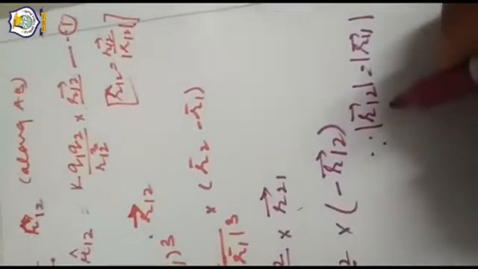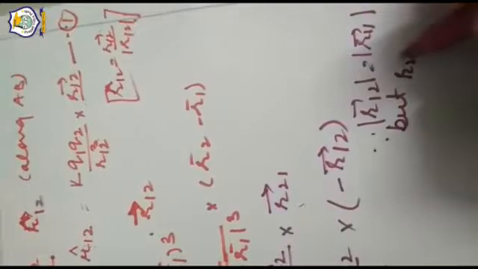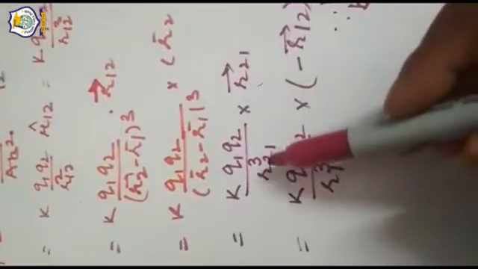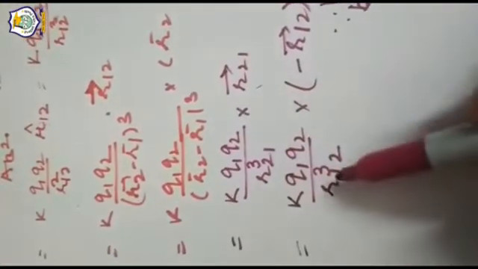Why? Because the magnitude of R12 is the same as that of R21, but as vectors, R21 is equal to minus R12.